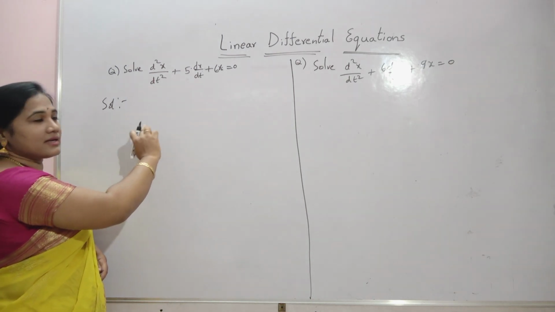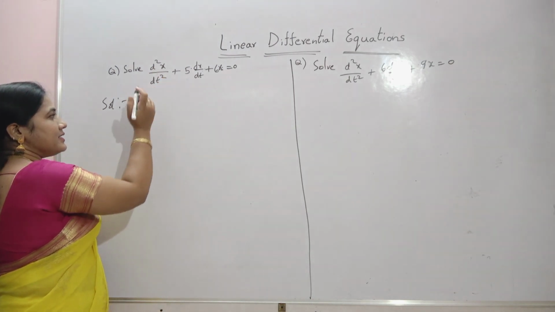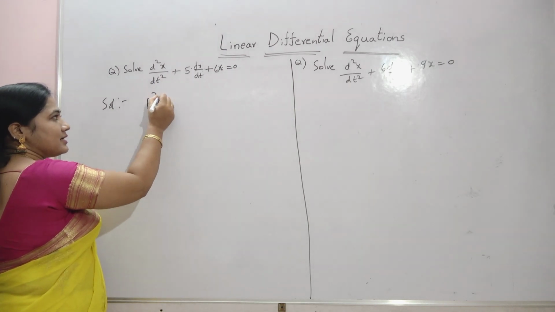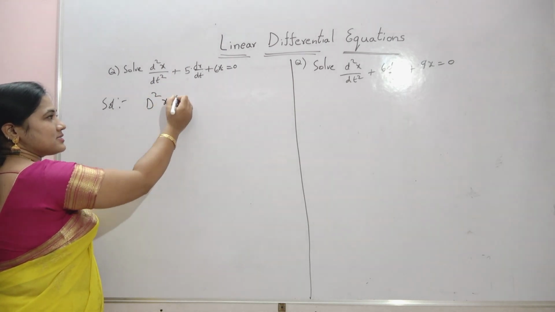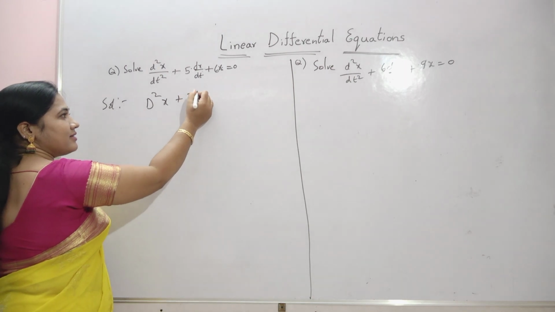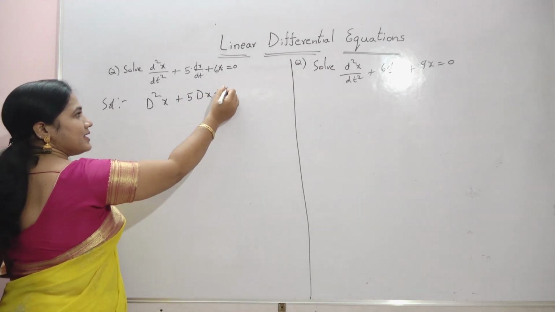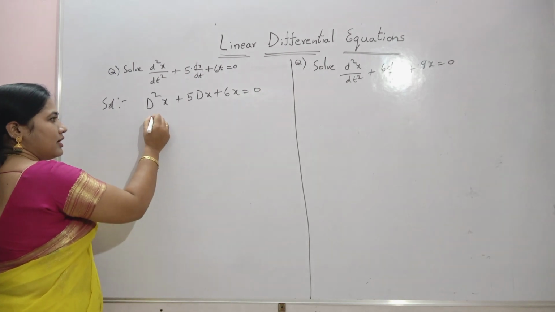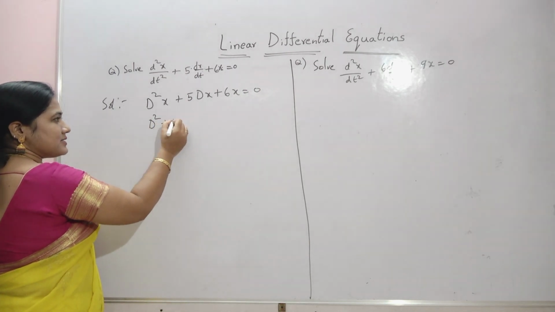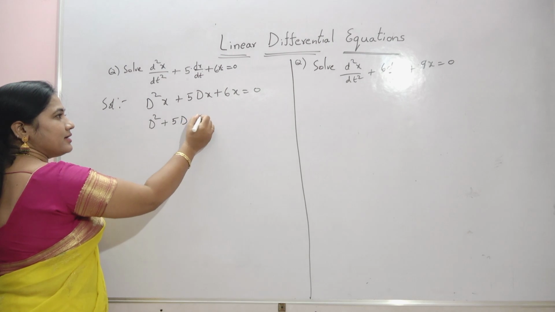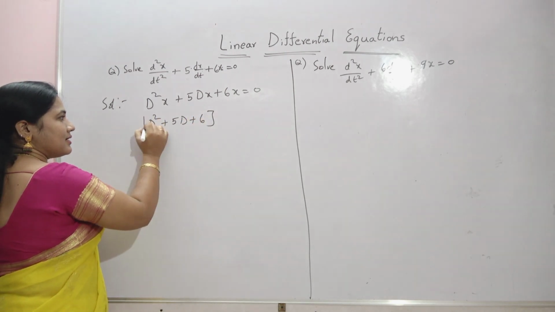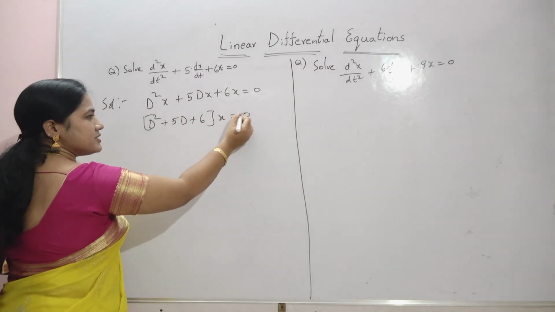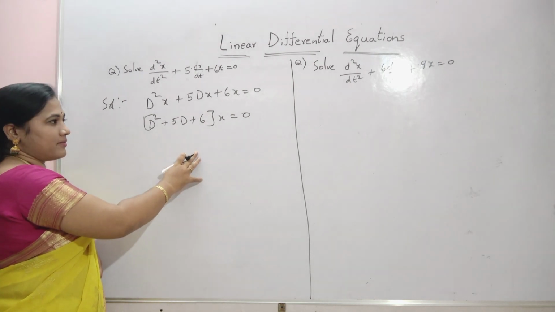So what is the symbolic form? d square by dt square can be written as D square. So D square x plus 5 Dx plus 6x equals 0, or (D square plus 5D plus 6) x equals 0. So this is the symbolic form.